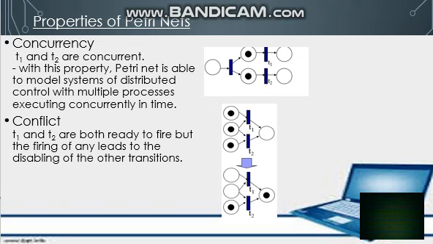Transition 1 and transition 2 are both ready to fire, but the firing of either leads to the disabling of the other transition. Why? It is because the resulting conflict may be resolved in a purely non-deterministic way or in a probabilistic way by assigning appropriate probabilities to the conflicting transitions.